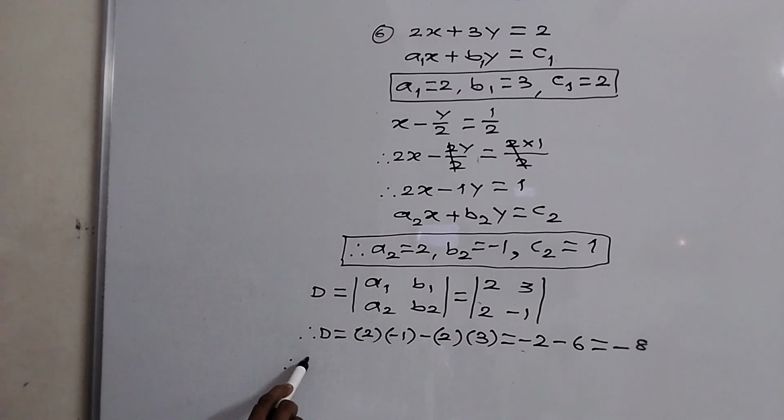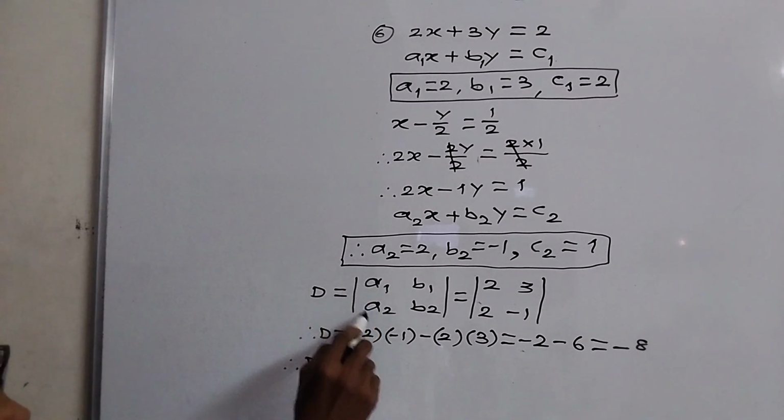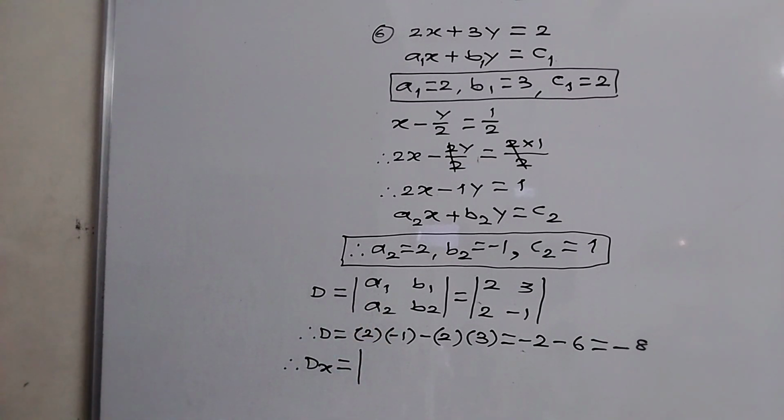Now we find the determinant of x. When we find the determinant of x, we don't write the coefficients of x. Instead of these two, the coefficients of x, we write c1 and c2, and here b1, b2.